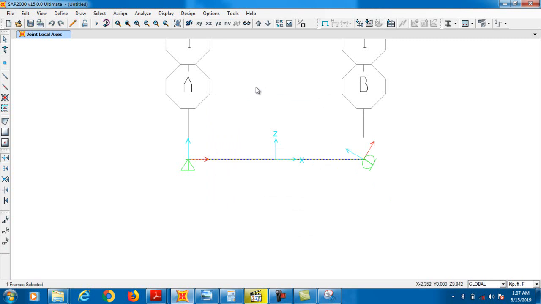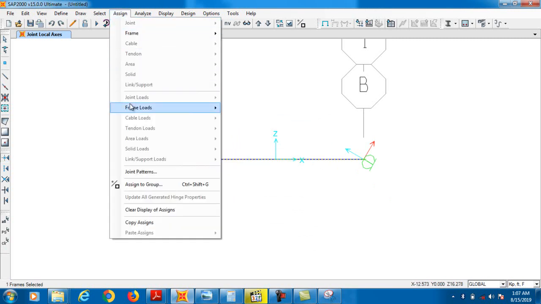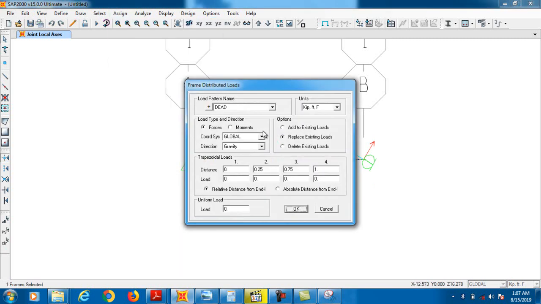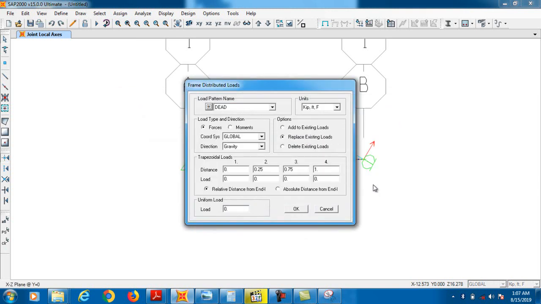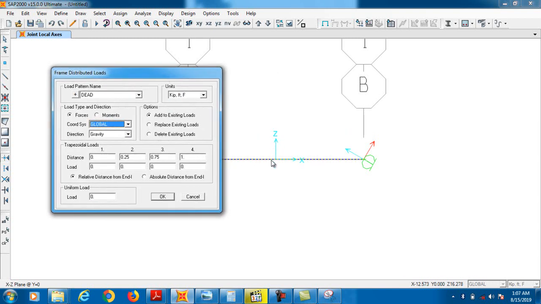Now we will assign the loading: assign frame loads, distributed. Make sure this is set to 0, modify, feet, add to existing loads, force. You need to apply loading in the direction of global axis z, or gravity direction, absolute.